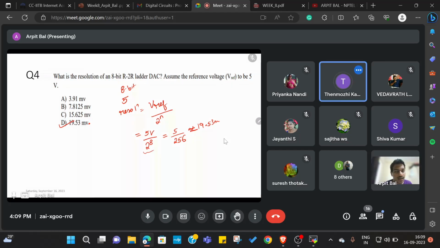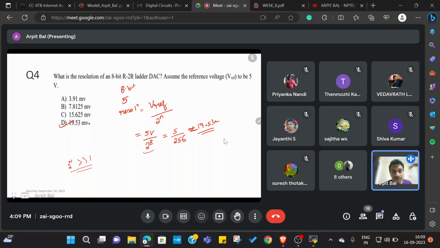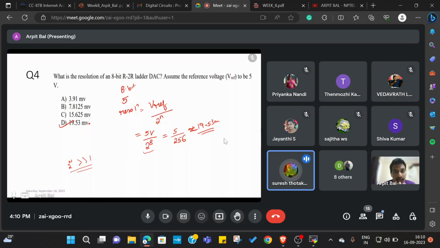But either way, whether you take 2 power n or 2 power n minus 1, the final result is going to vary by a very small number. 2 power n is a very large number in comparison to 1, so sometimes we also ignore the minus 1 part. Maybe that might be creating a confusion. Is the question related to ADC or DAC? In that question, they are mentioning DAC. The previous one, yes, this is R2R related. This is DAC. Okay, yeah.